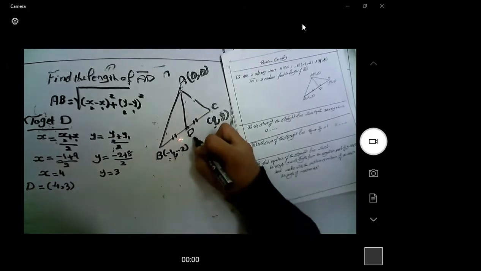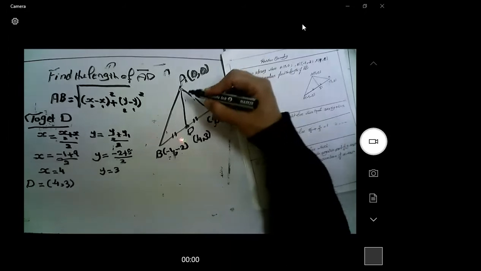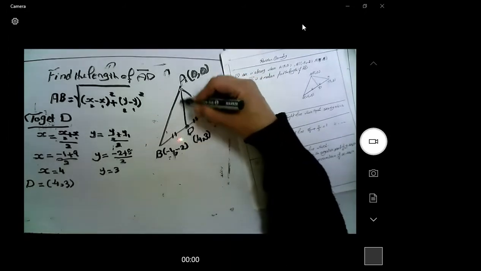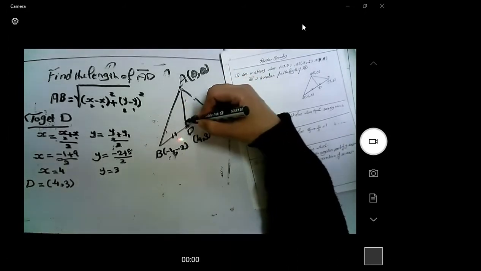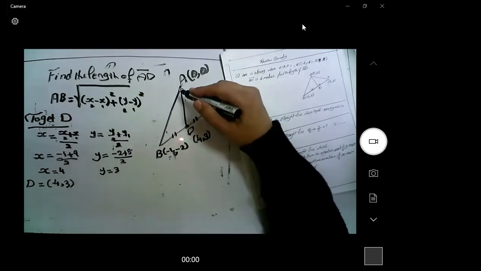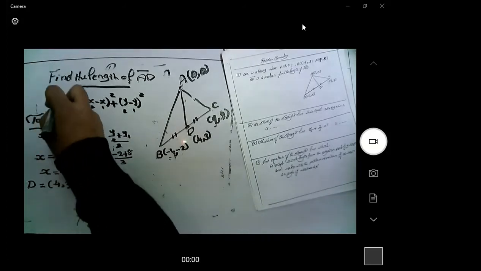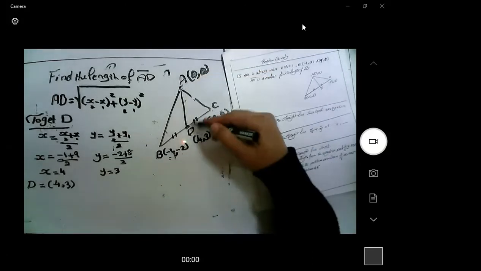Now we have the point D, 4 and 3. The question is to get the length of AD using the rule of distance between 2 points. The distance between the 2 points A and D is AD.